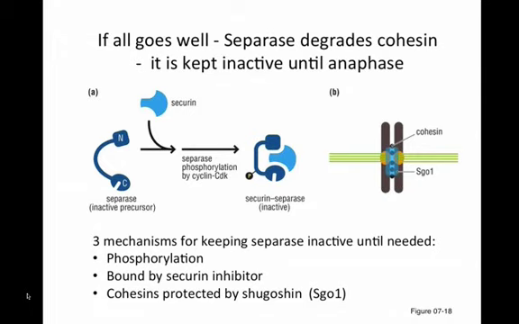Well, you still have another protection by the Shugoshin complex. So you can see that for things that are important in the cell, you need multiple levels of regulation to prevent things from happening when they shouldn't. And obviously a really important one is you don't want to move to anaphase if things aren't right, because your next cells will be a mess if they don't have their appropriate chromosomes.